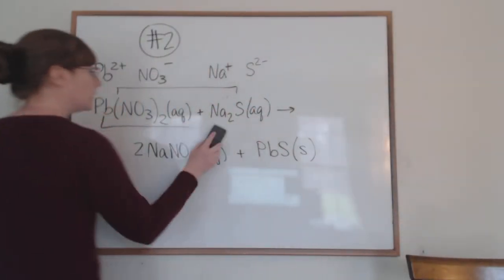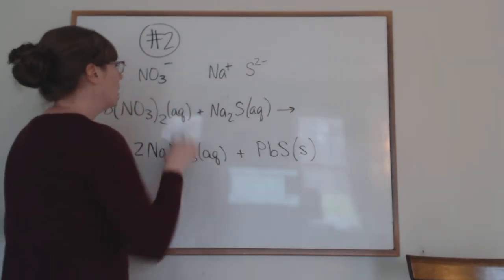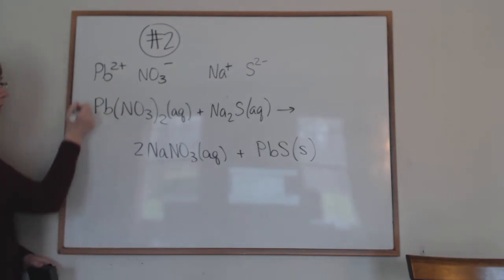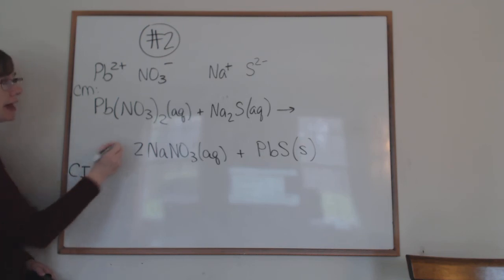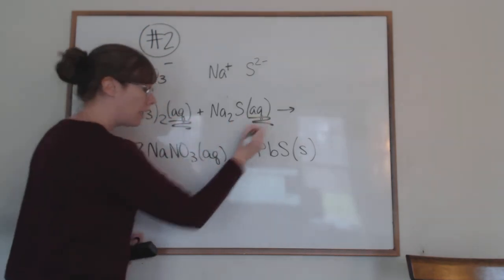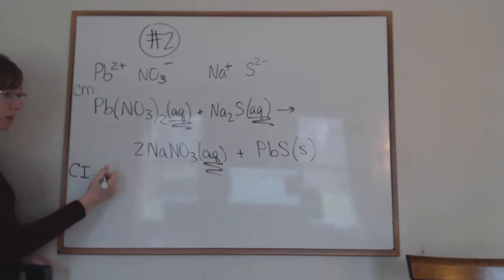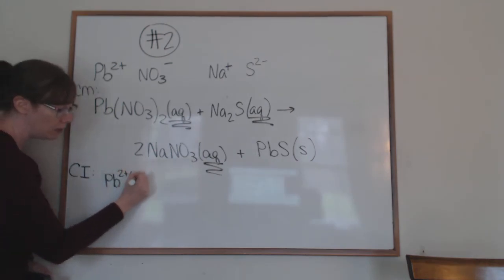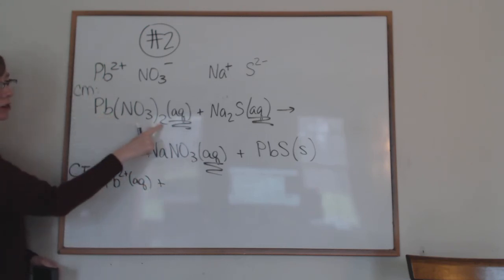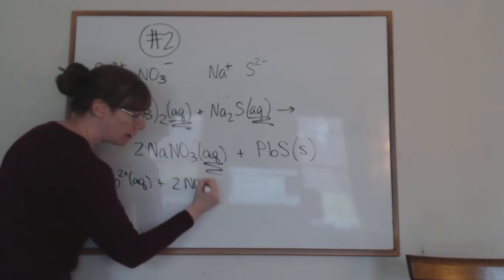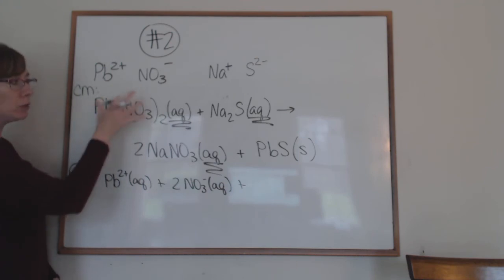And then in terms of the complete ionic and net ionic, that's the complete molecular. The complete ionic will just be you taking any of the aqueous compounds and separating out the ions from each other and representing them individually. So each ion will get an aqueous phase label. You're going to have one of the lead ions, you're going to have two of the nitrate anions, so you're basically representing the molecule as dissociated.